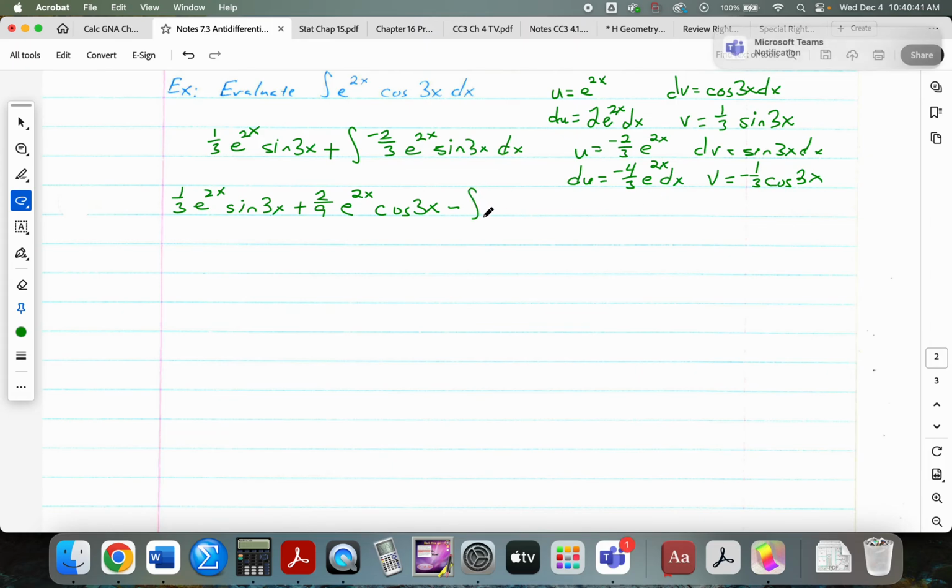So minus the integral of, what is that, 4/9 e to the 2x cosine 3x dx.